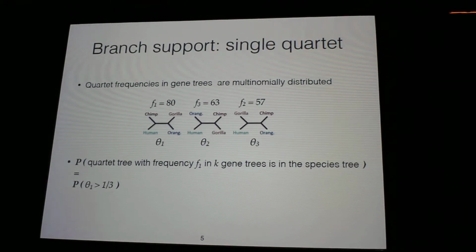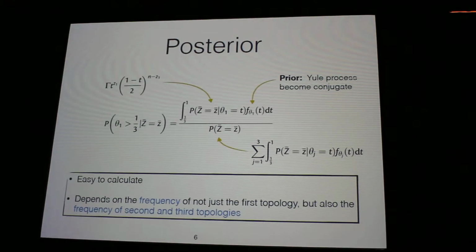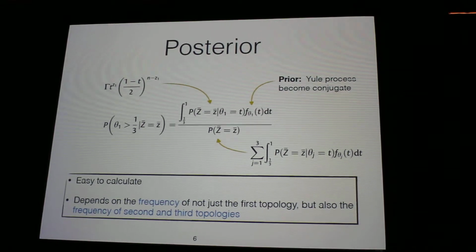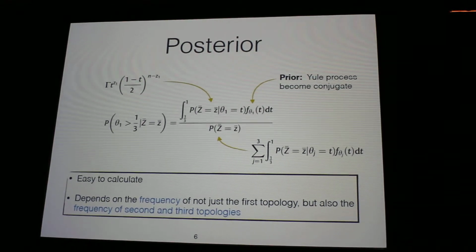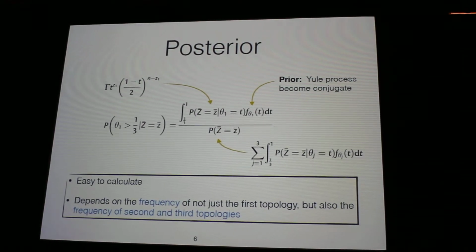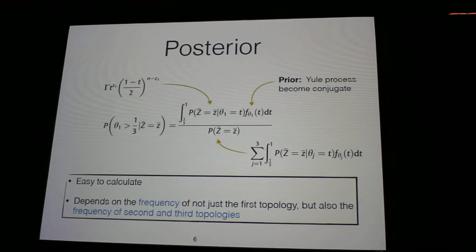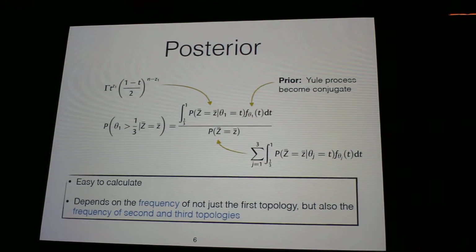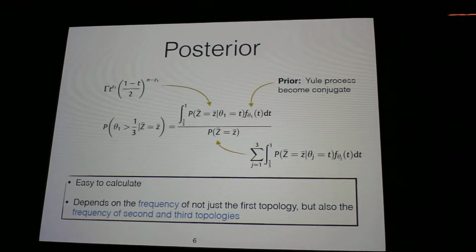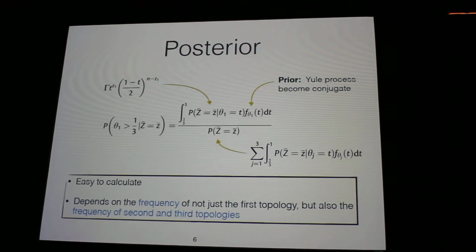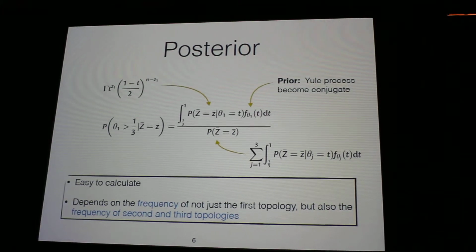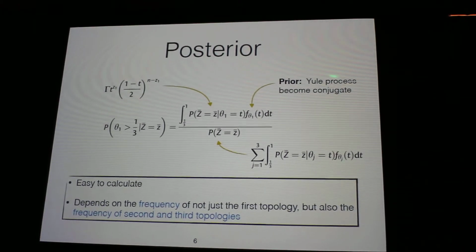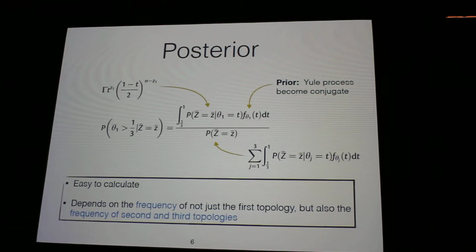And if you then add a prior to this, you can compute a posterior probability just using the multinomial distribution. The prior that we use here is one that gives the same prior to all the 3 possible topologies, so all of them are equally probable a priori, but for branch lengths, we also need to have a way to generate a prior, and for that we use the Yule process.